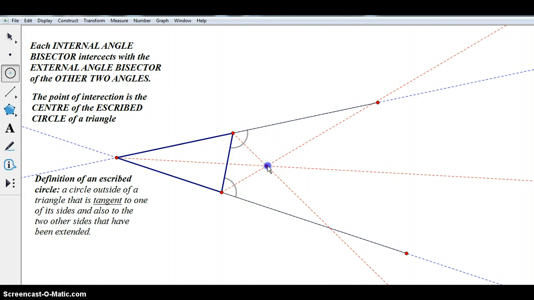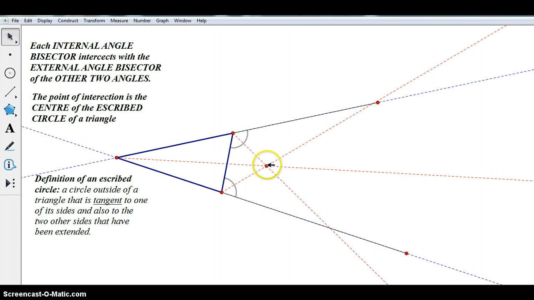So we're actually saying that this point here is equidistant from those three sides that we've just mentioned. Now, if we think about that, that shouldn't be too hard to prove. We know that this point is on this angle bisector, so it has to be equidistant from this side and this side.